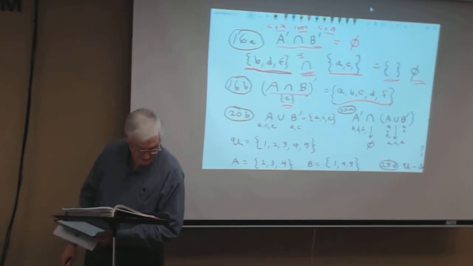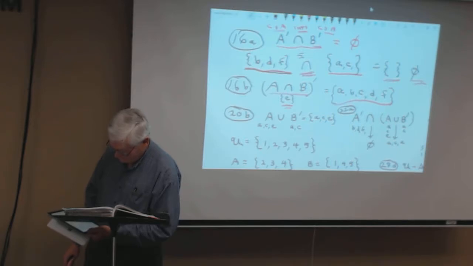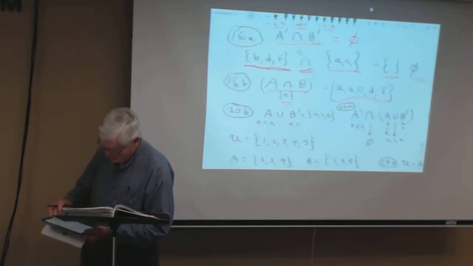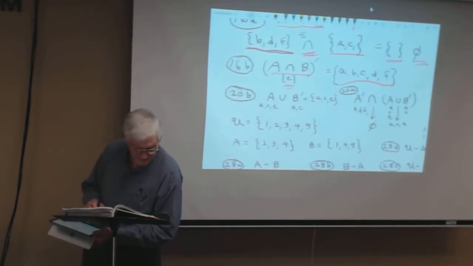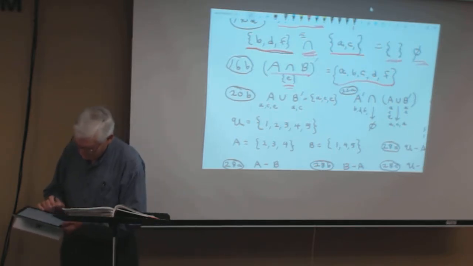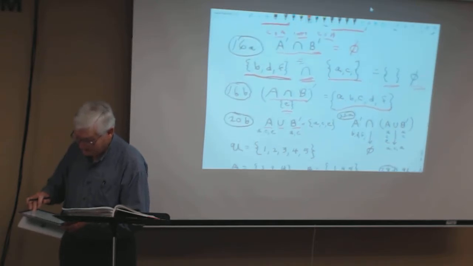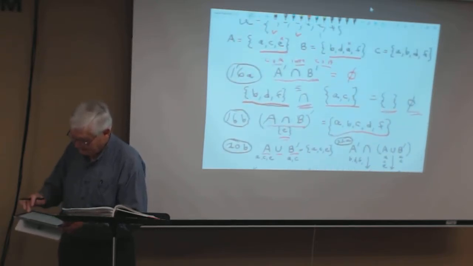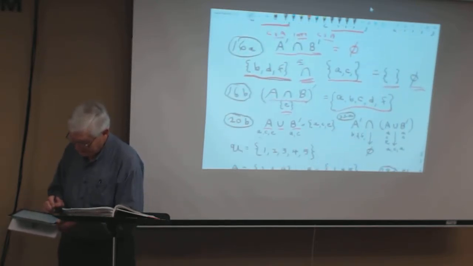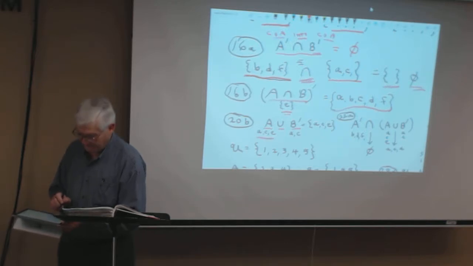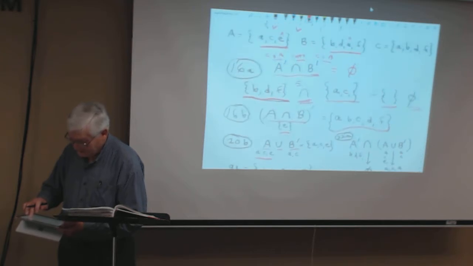Number 20b. What does 20b say? The union of A with the complement of B. Okay, what's A? Back up to the top. ACE. So see how I just wrote ACE underneath. And what's the complement of B? Okay, what is B?